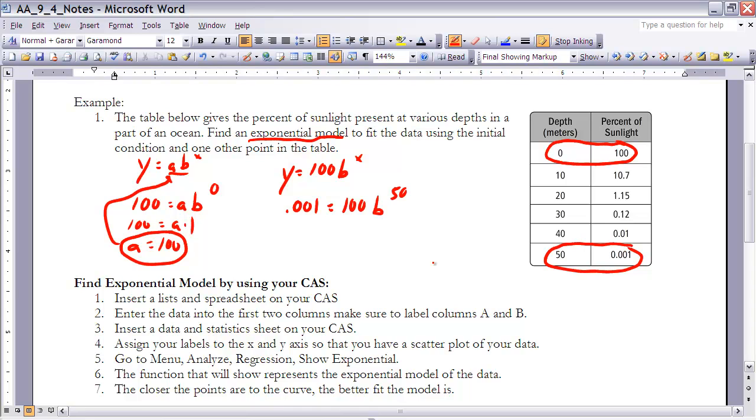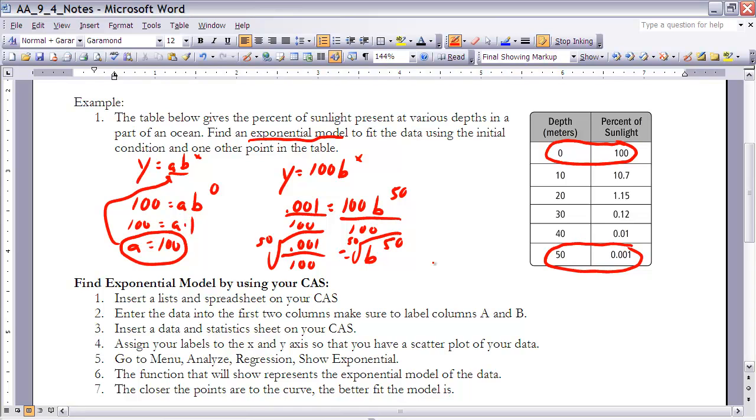I'm going to solve this by dividing by 100 on both sides. I'm just going to leave that like this and do all my calculation at the end here. So it is equal to b to the 50th power. And then to find b, I'm going to take the 50th root of that, and that will give me my value for b.